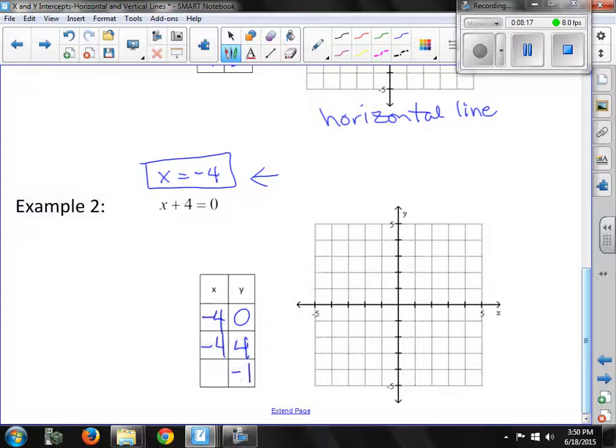What if y is negative 1? X is always going to be negative 4. Let's plot these points. (-4, 0), (-4, 4), and (-4, -1). Notice this, when I connect the dots, makes a vertical line.